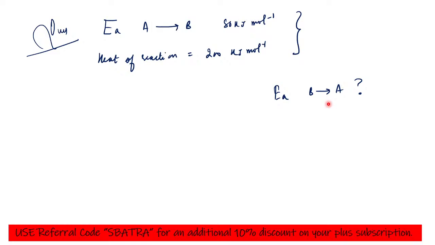Okay, 280 kilojoules per mole, all right. It's 80, right? This one is 80 kilojoules per mole. Activation energy of A to B is 80, not 50.